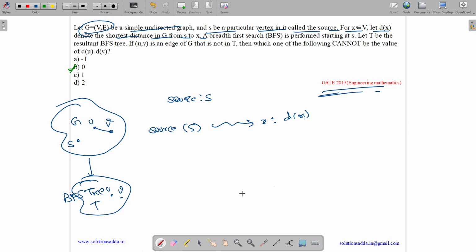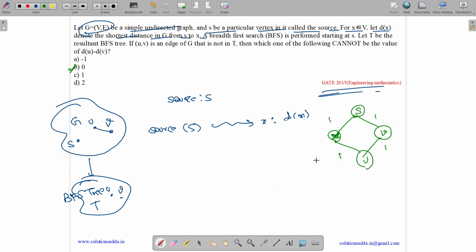So option B states that now we have, let us consider the case for 1 or minus 1. So consider a graph like this: S, U, V, or make it as S, V, U. Okay, perfect. All the weights are 1.